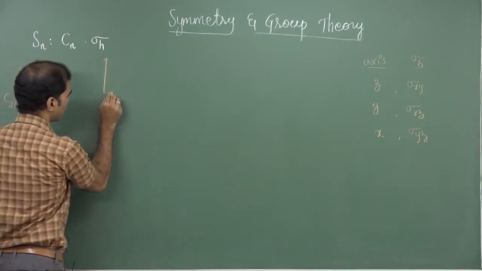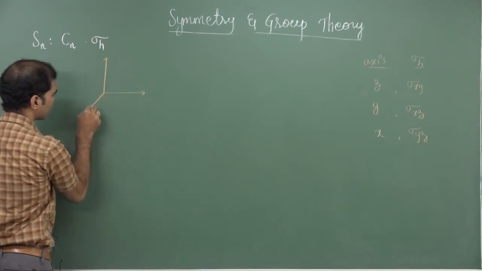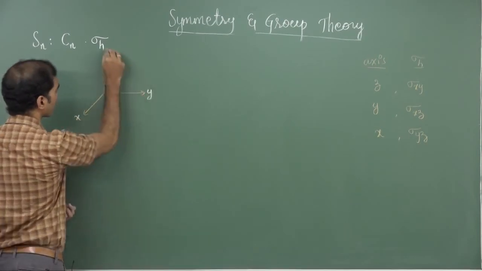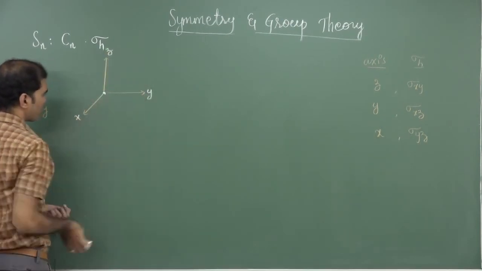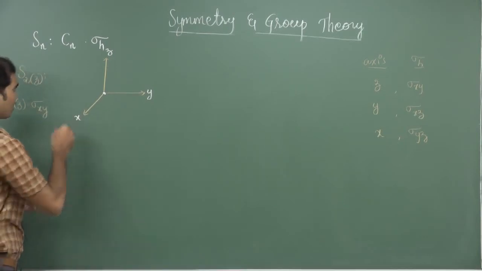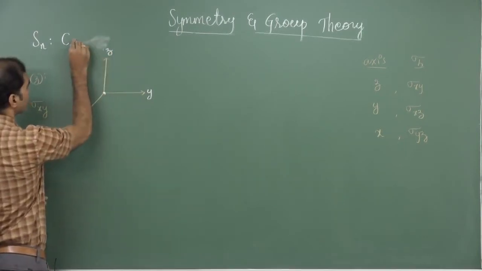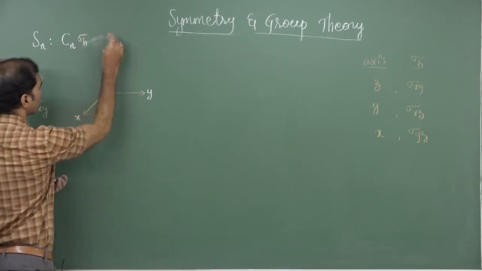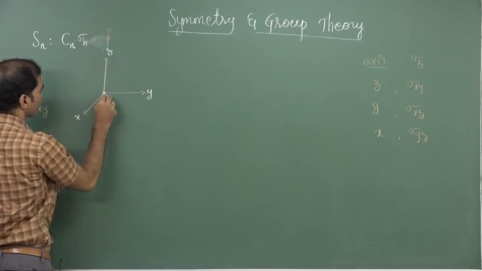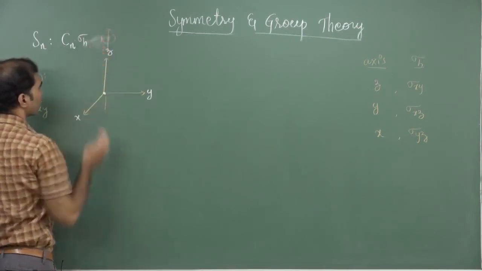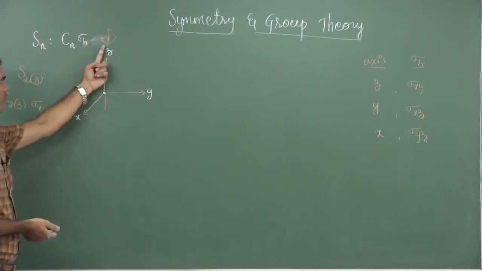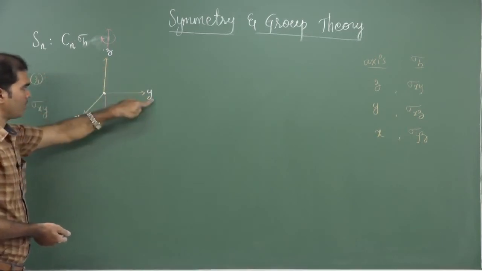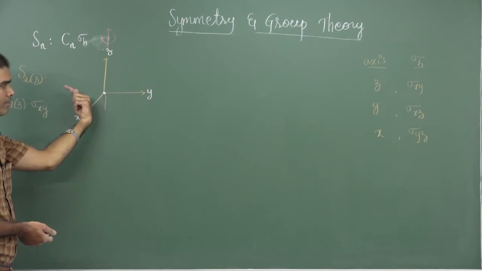Let's begin with the 3 coordinates. The first operation we are performing is C2 along z. As we can see, when we perform C2 along z, x will exchange into minus x, y will exchange into minus y.